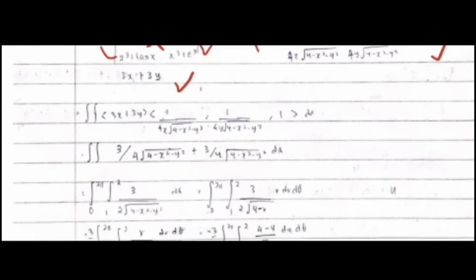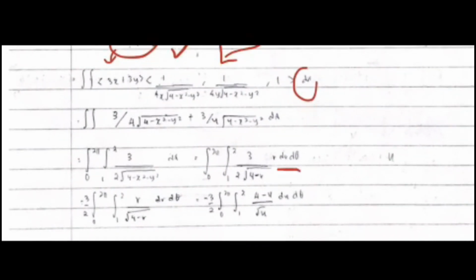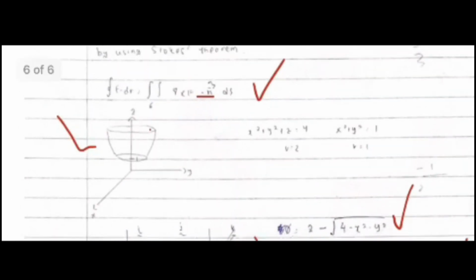Next, we just substitute the curl F into the equation and the gradient of phi into this equation for dA, where for dA we use r dr d theta because it is easy for us to integrate, because it is a hemisphere here, so we will have a circle.